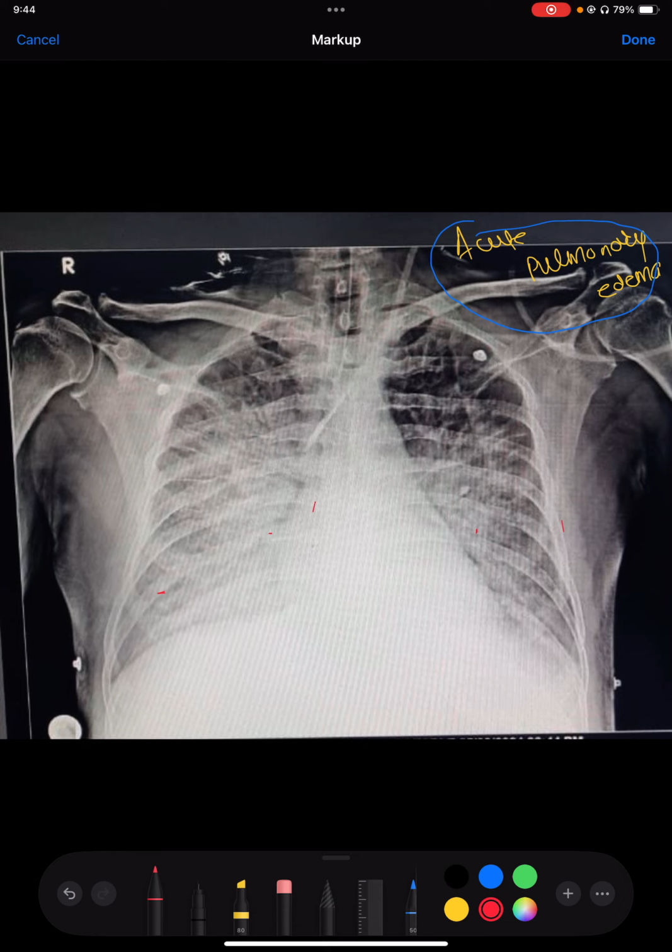So this is a very typical X-ray showing acute pulmonary edema, where there is typical perihilar involvement, typical sparing of the peripheral portion of the lungs, no significant pleural effusion, and a typical bat wing, bilateral perihilar involvement, highly suggestive of acute pulmonary edema.